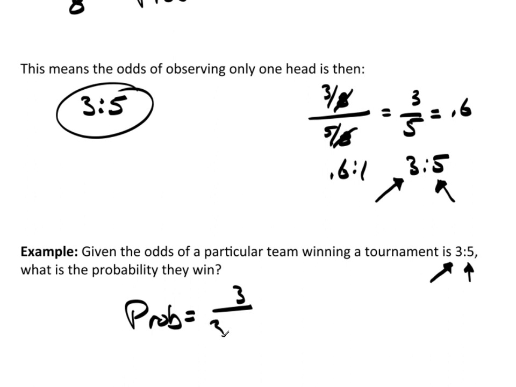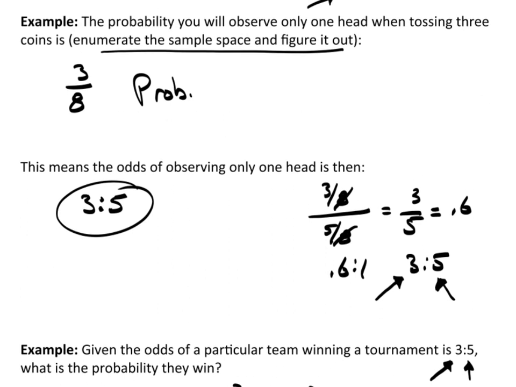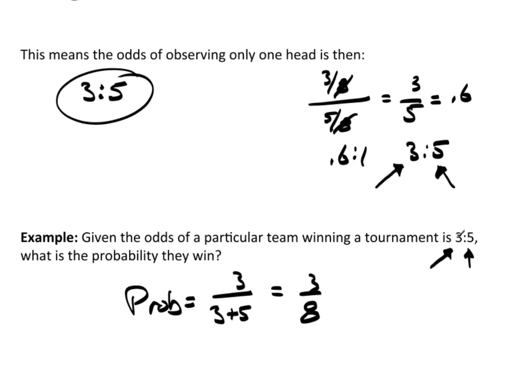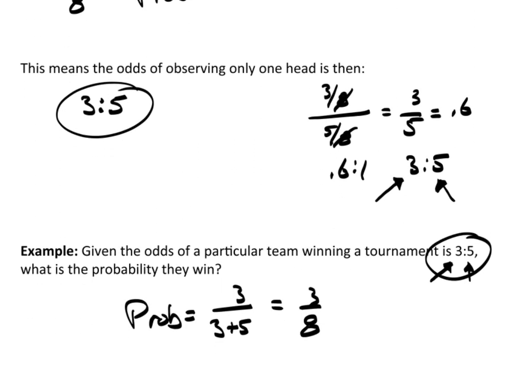The sample space has 3 wins plus 5 losses. That's 3 over 8, which is exactly the same idea as we did up here. So I went from an odds to a probability. Earlier, I went from a probability to an odds, so I can work back and forth with these as I need to.